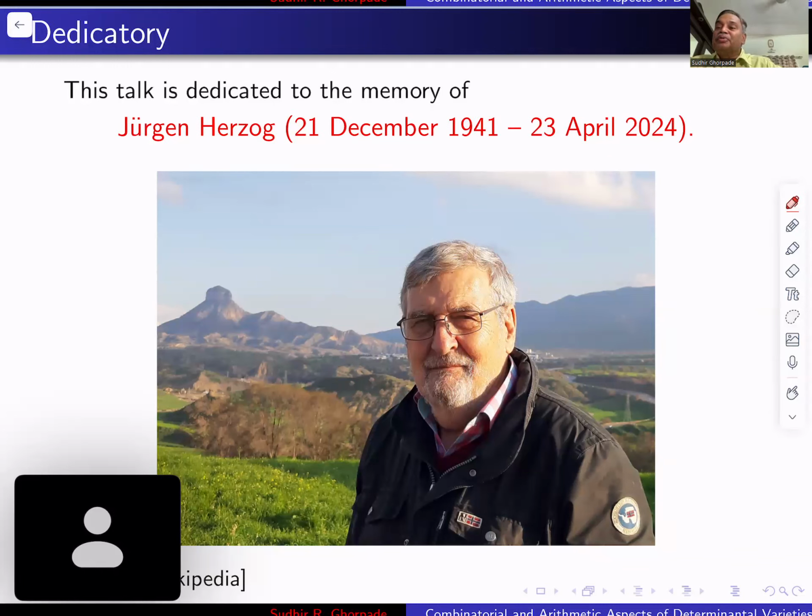As you know, in fact, Imran told me he passed away recently, not too long ago, and he has done a lot in the subject of determinantal varieties as well. I'll mention some of his work, of course, not all of it. So I just wanted to give this dedication at the beginning. And now let's get started.